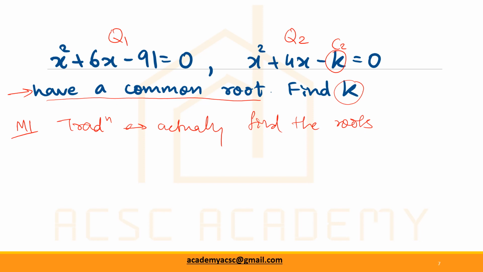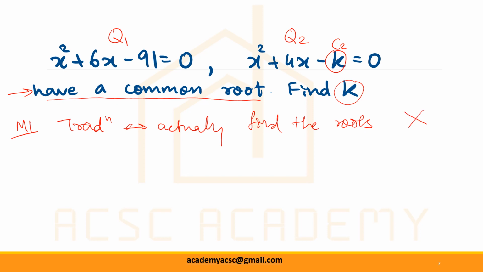So it is going to be lengthy and we are not guaranteed to get the correct answer. The reason is that it is not always possible to factorize or find the roots of all quadratics, and even if we can, we will not know which of them is the common root. So this way is not encouraged for such questions.